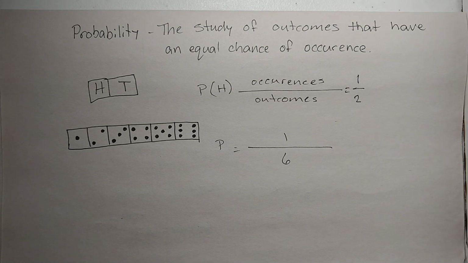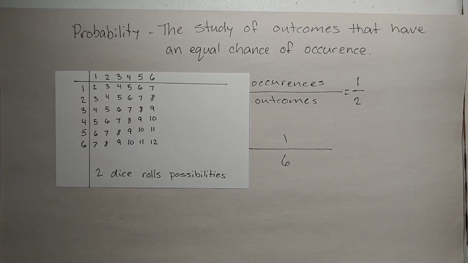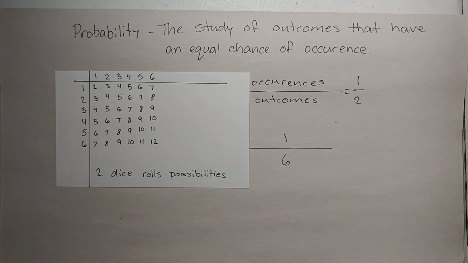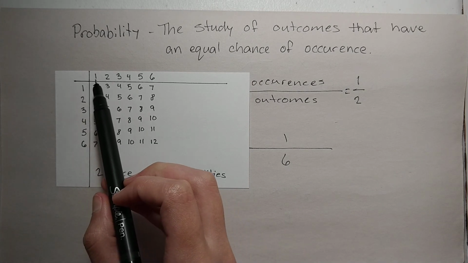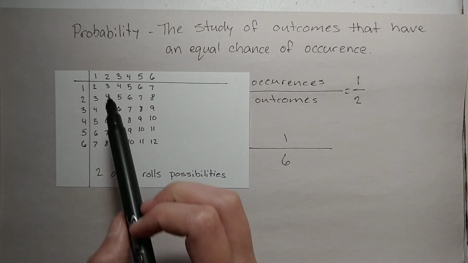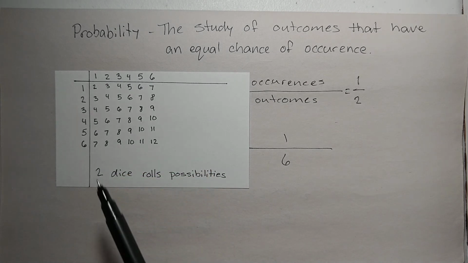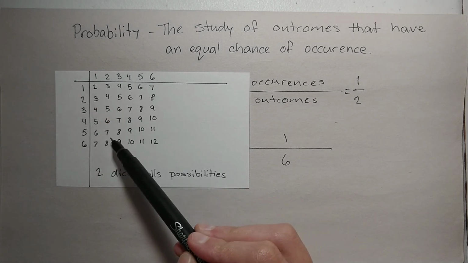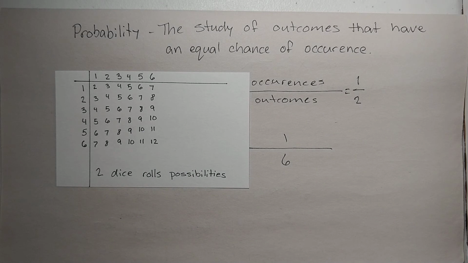So what happens if you roll 2 dice? If you roll 2 dice and you're looking for the probability of getting a number, you're going to have even more possible outcomes. So you have the 1 through 6 of the first dice and the 1 through 6 of the second dice. So you have all these possible outcomes.